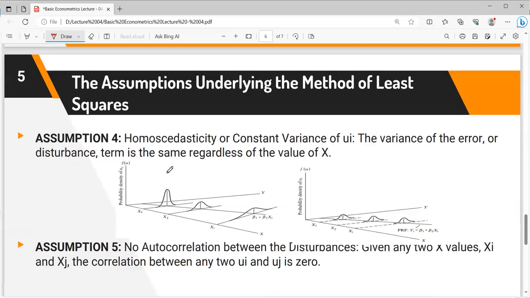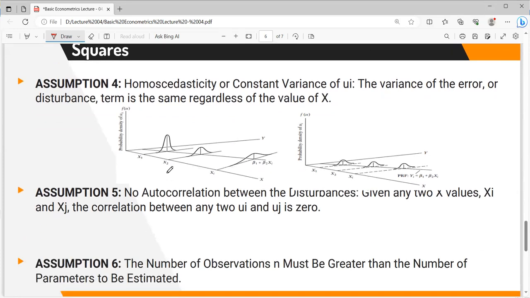The next assumption is homoscedasticity, or constant variance of the error term mu i. The variance of the error term or disturbance term is the same regardless of the values of X. If you look at the two diagrams, in the first you can see X1, X2, and X3, and these variances are the same.